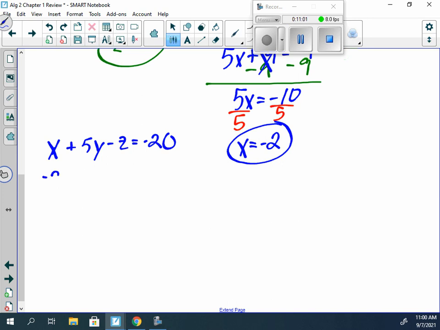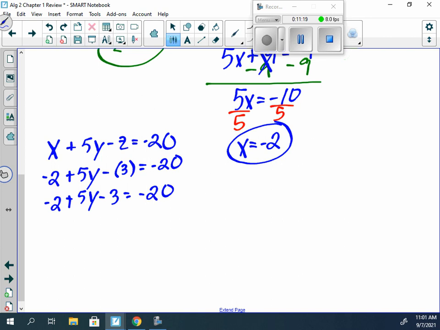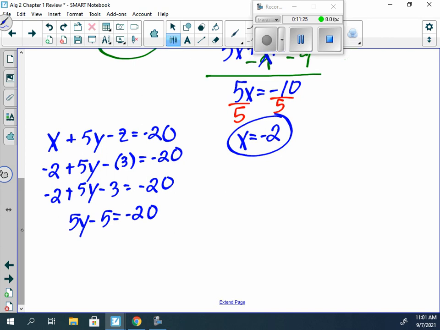Well, x is -2, plus 5y minus z, and z is 3, is equal to -20. We can combine our like terms because really we can just drop those parentheses and we get -3. So we have 5y minus 5 is equal to -20.